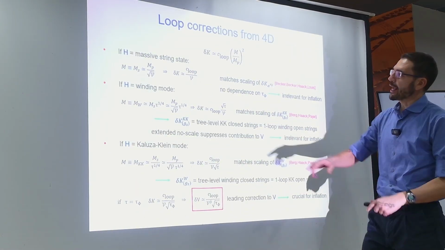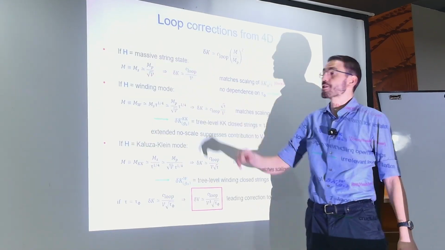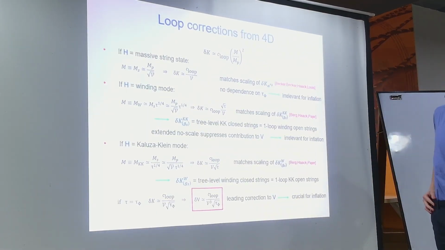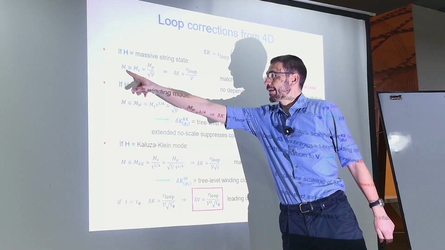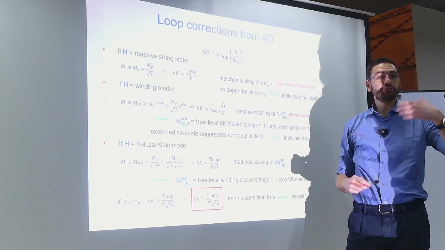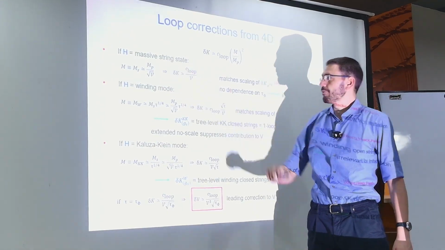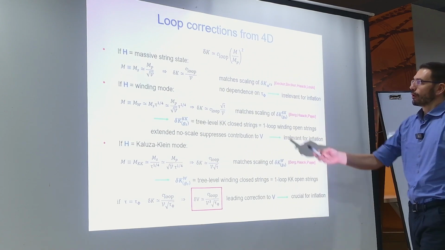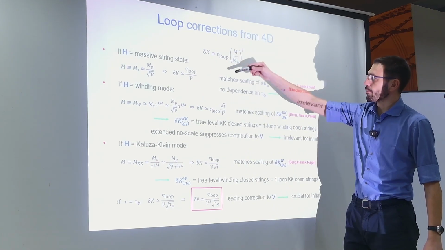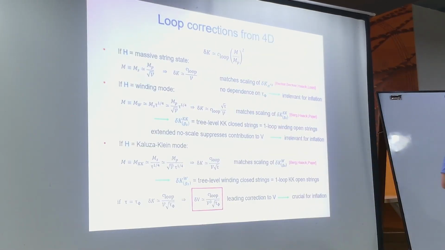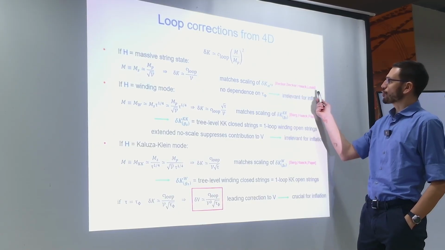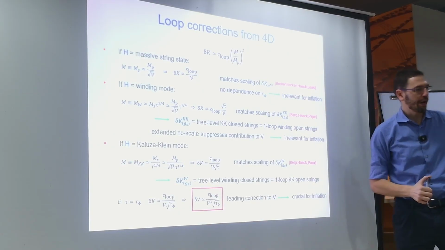Now let's say that H, the heavy field, is a string state, a massive string state. Then you can write M as the string scale. We've seen yesterday that this is M Planck divided by the square root of the volume. Then here you get C loop over the volume. This is nice because it matches the computation done by these people for the alpha prime corrections.